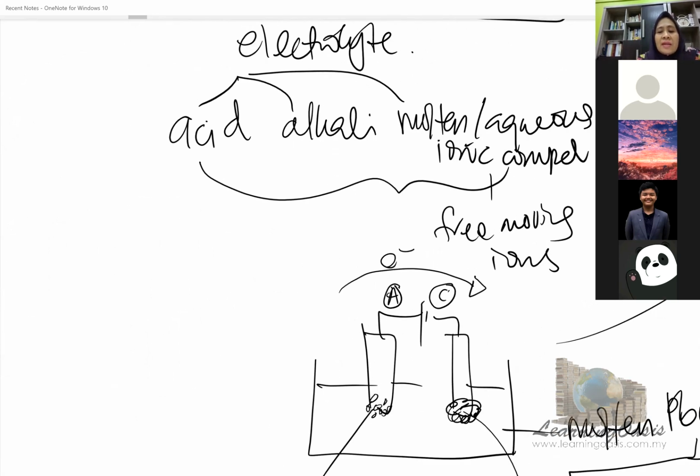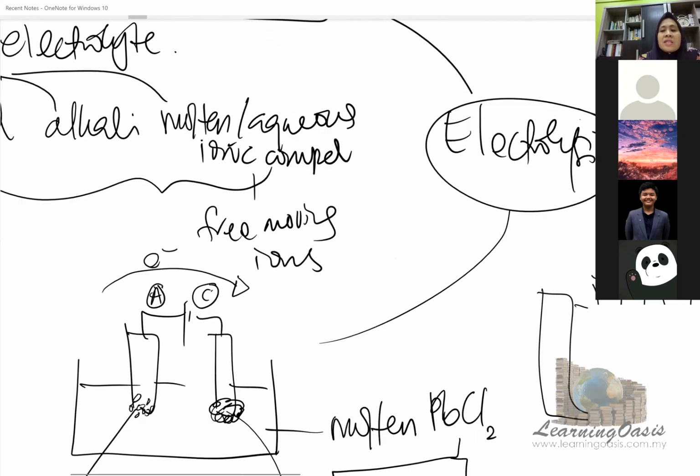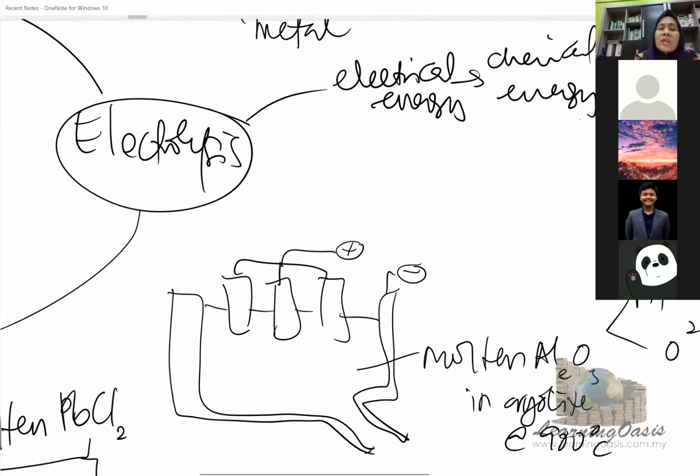Molten lead chloride, you get lead and chlorine. Molten aluminium oxide, you get aluminium and oxygen. Molten what else? Silver chloride, you get silver and chlorine. So from those examples, what is electrolysis? Nina, what is electrolysis?